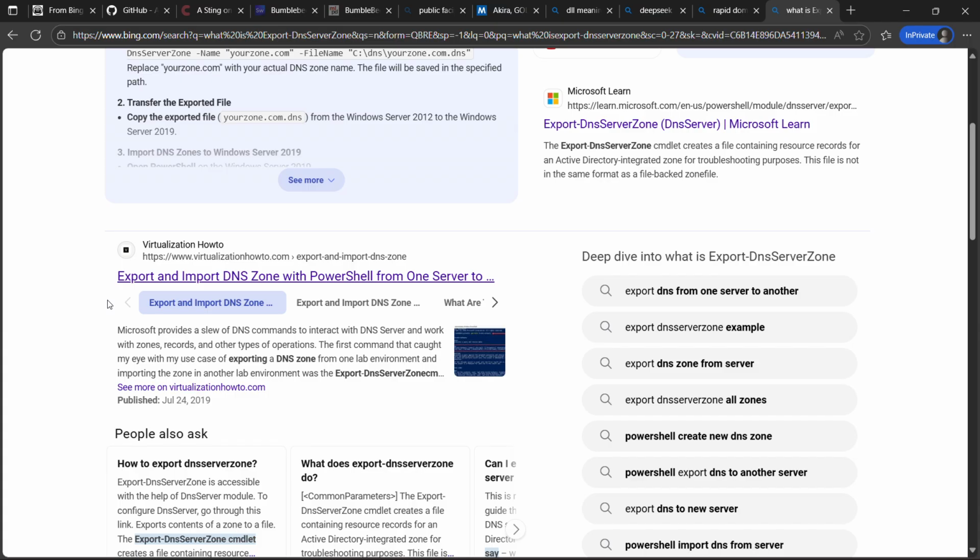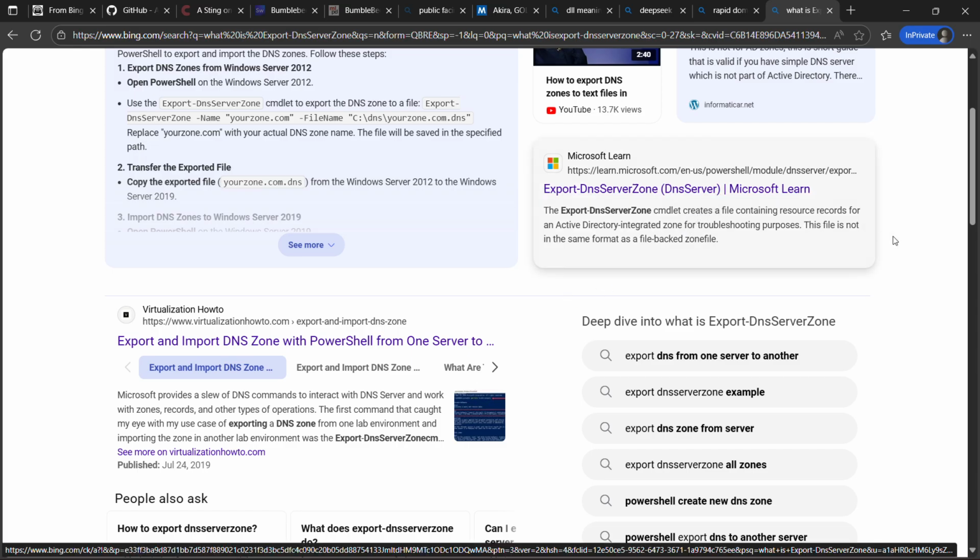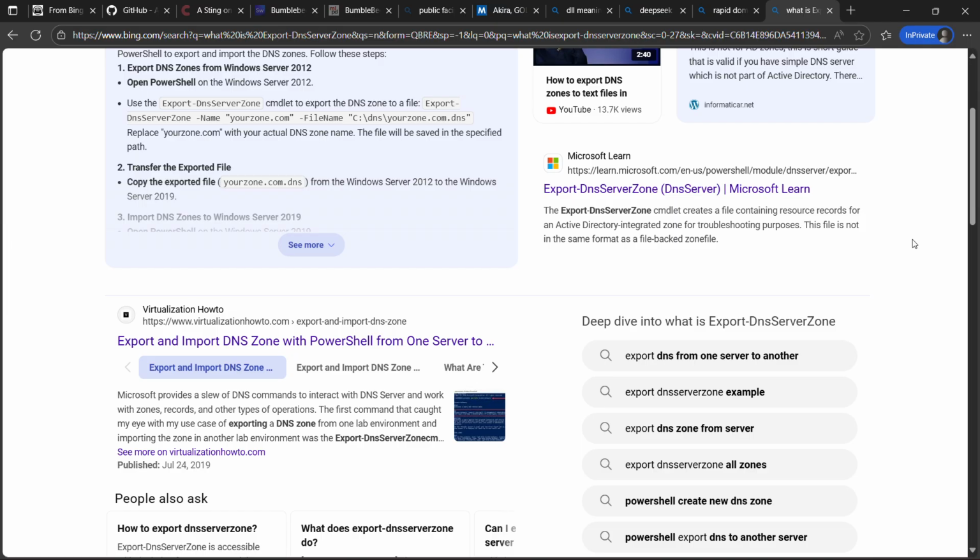The first command that caught my eye was exporting a DNS zone from one environment and importing the zone in another, which is Export-DnsServerZone. It creates a file containing resource records for an Active Directory integrated zone for troubleshooting purposes.